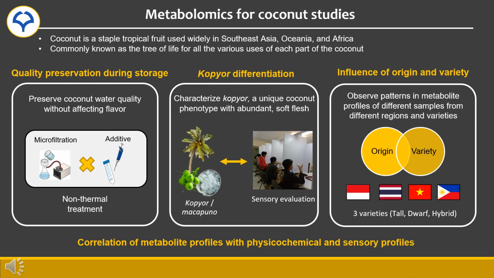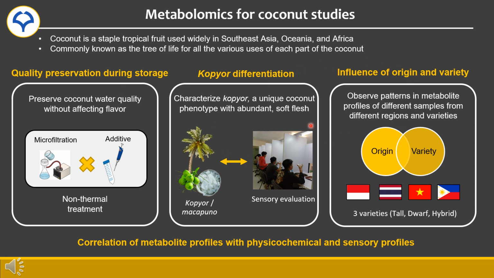Finally, the study focuses on exploring compounds that are correlated with the taste and characteristics of coconuts. Coconuts are a typical tropical fruit widely used in Southeast Asia, with various parts utilized for different purposes.